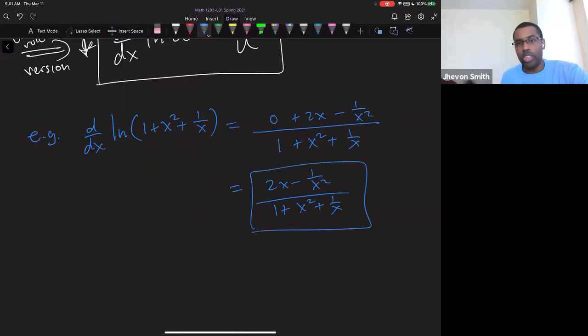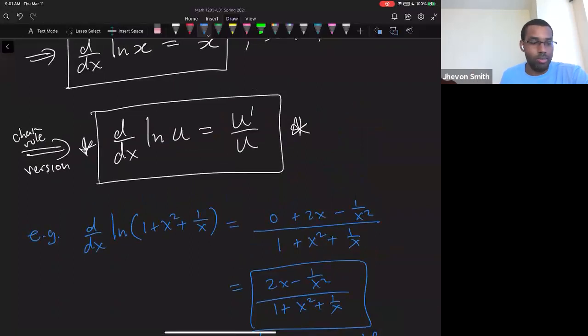I mean, you could simplify that by multiplying the top and bottom by x squared, but I'm not going to do it. And yeah, so that's now another rule we know.